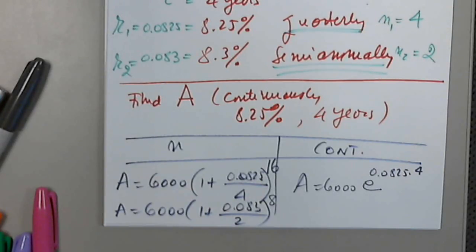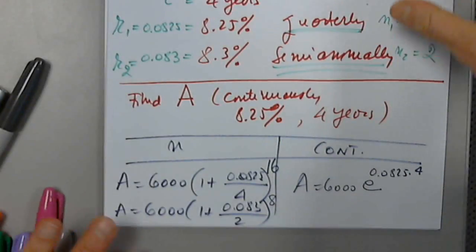The last one for continuous, I have 6,000 and multiply by E. Here's how we plug it in. Second and E to the X right here. In parentheses, I have 0.0825 multiplied by 4, close the parenthesis, and press enter.